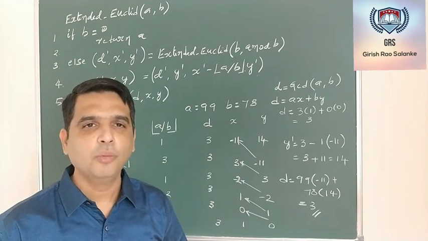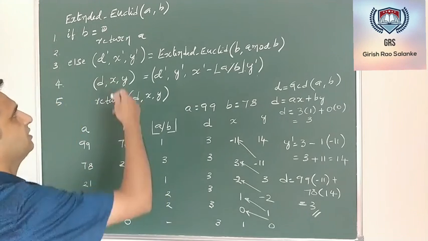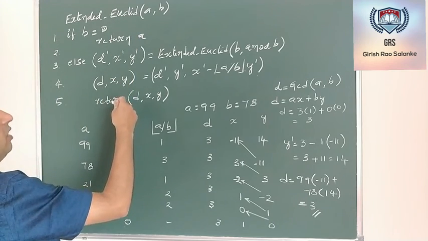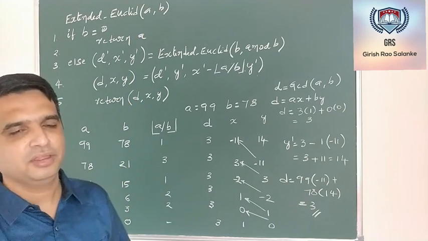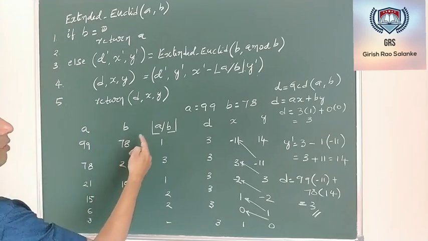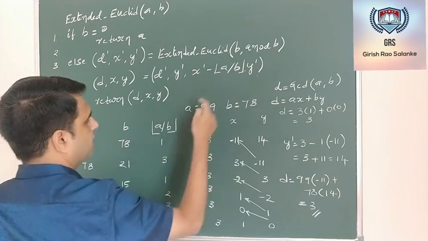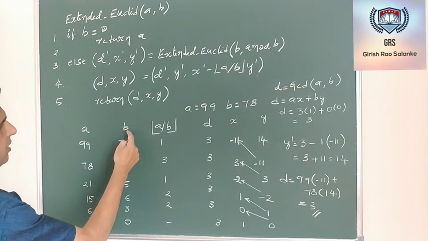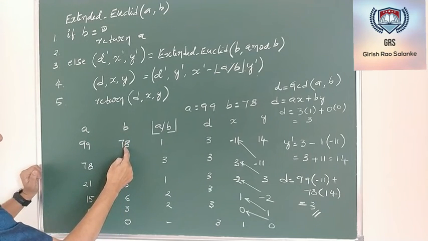Now coming to how many times this extended Euclid's algorithm is called, that is, the time complexity of this extended Euclid's algorithm. It depends upon A mod B. B value was 78.